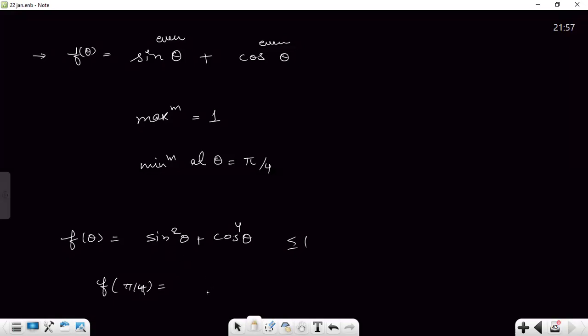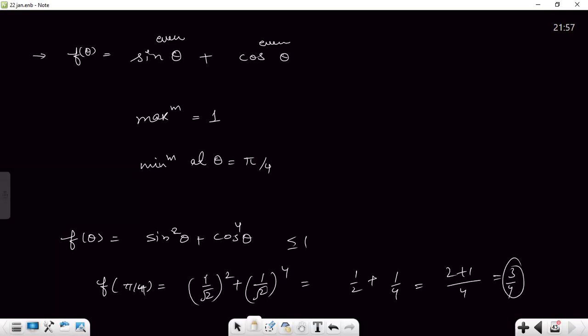Sine pi by 4 is 1 by root 2, its whole square. Cos pi by 4 is also 1 by root 2, raised to the power 4. The square root will cancel the square, 1 by 2, and then another square will be left. So 1 by 4. Taking the LCM, 2 plus 1, 3 by 4 is the minimum value of the function.